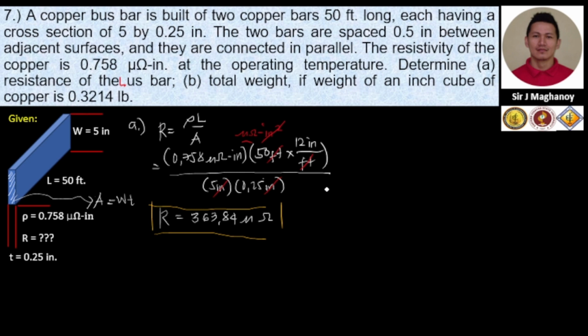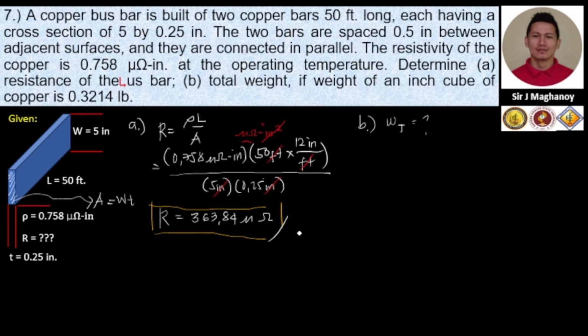And for B, we are tasked to determine the total weight if the weight of an inch cube of copper is 0.3214. For B, we are asked to determine the value of our total weight.